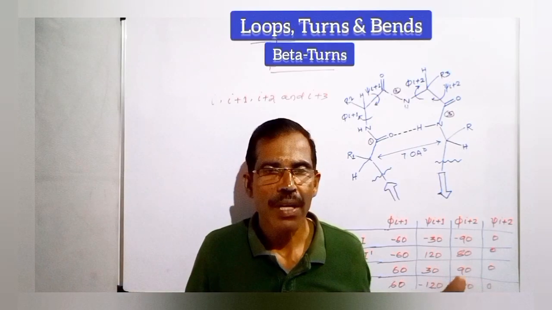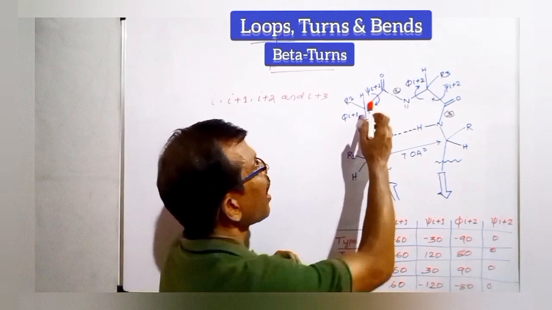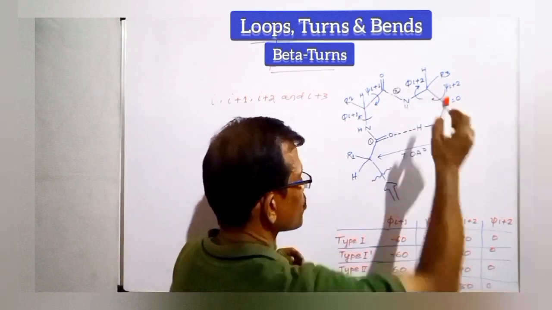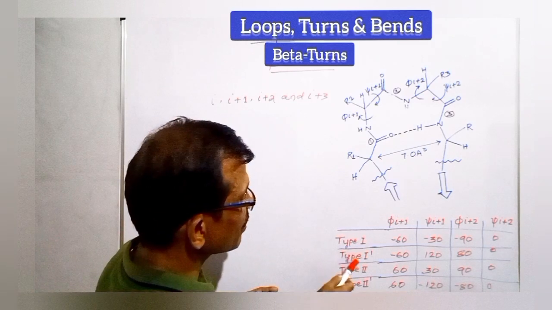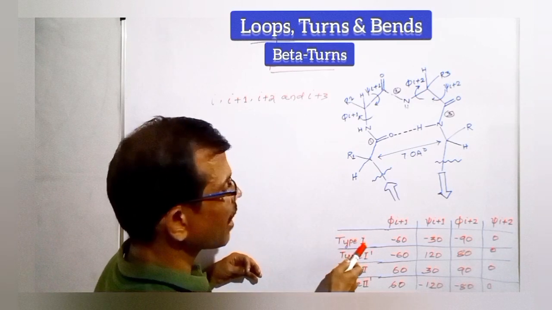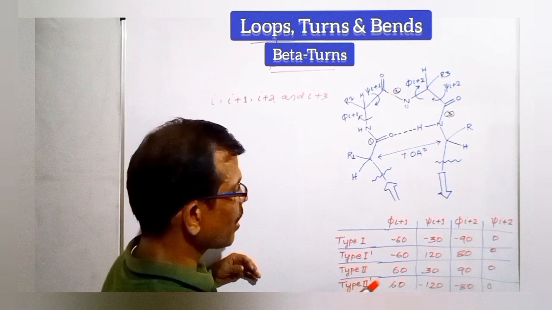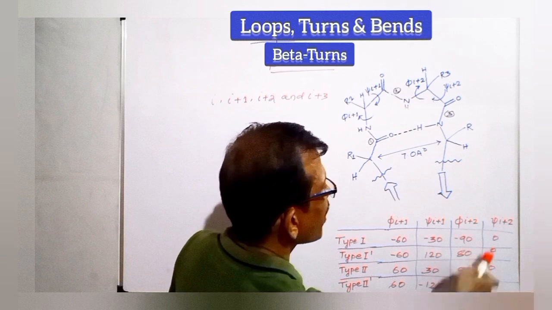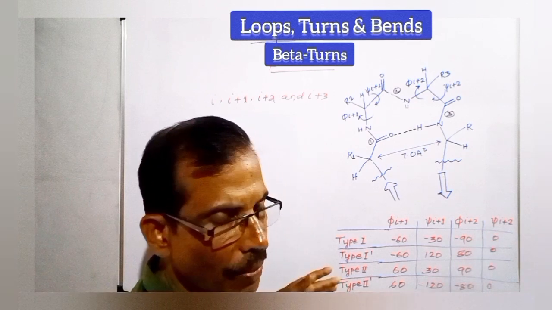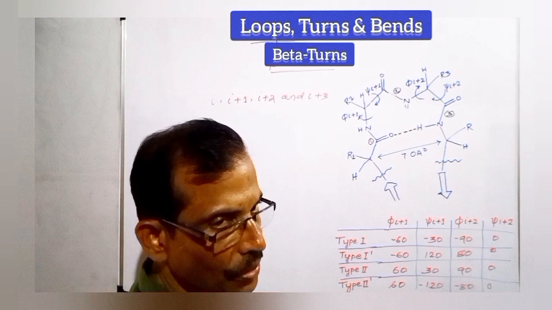Based on the torsional angles phi and psi of residues i+1 and i+2, beta turns are classified into 4 different groups: type 1, type 1 prime, type 2 and type 2 prime. These are the values of phi and psi which favor the formation of different types of beta turns.